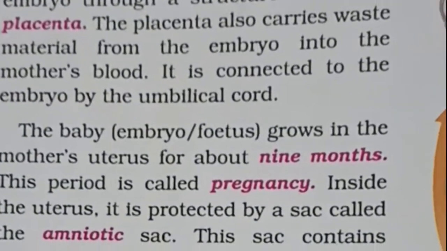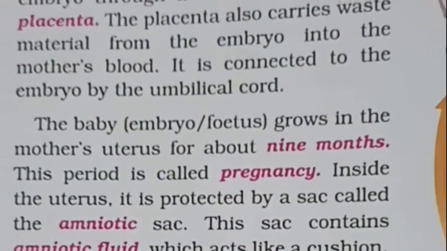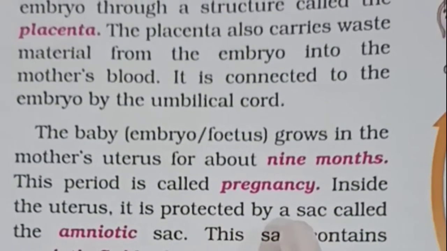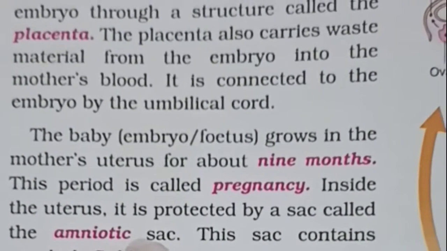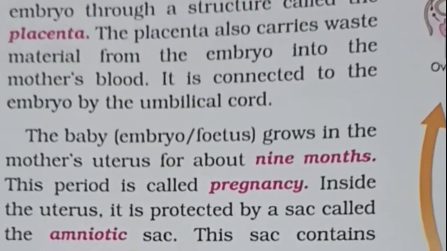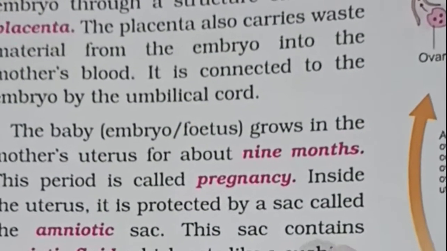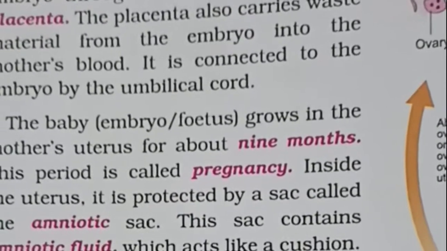So in the uterus, when the baby or the embryo is growing, it is protected by a sac called the amniotic sac. The sac contains amniotic fluid, which acts like a cushion and protects the baby from all external injury.